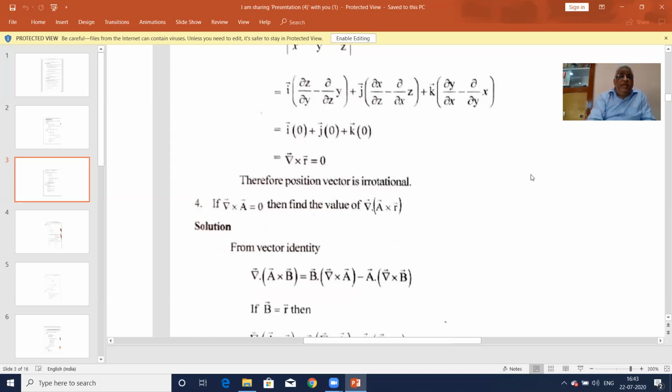So I put B is equal to R, A is equal to A, then substitute into the vector identity.